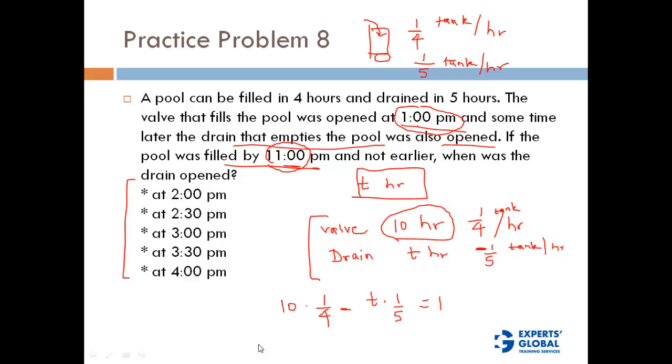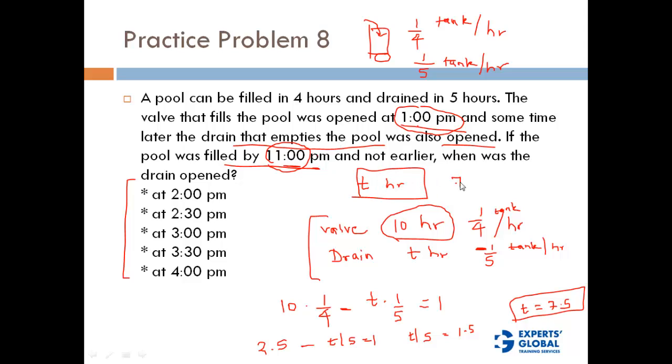So let's solve this now. 10 by 4 is 2.5, minus t divided by 5 is equal to 1. So t divided by 5 is equal to 1.5. That means t is equal to 1.5 into 5, which is 7.5. So t is how long the drain was open for.